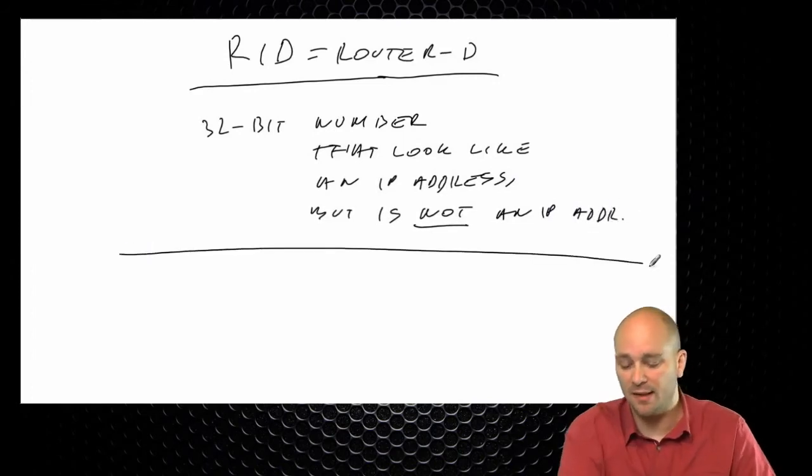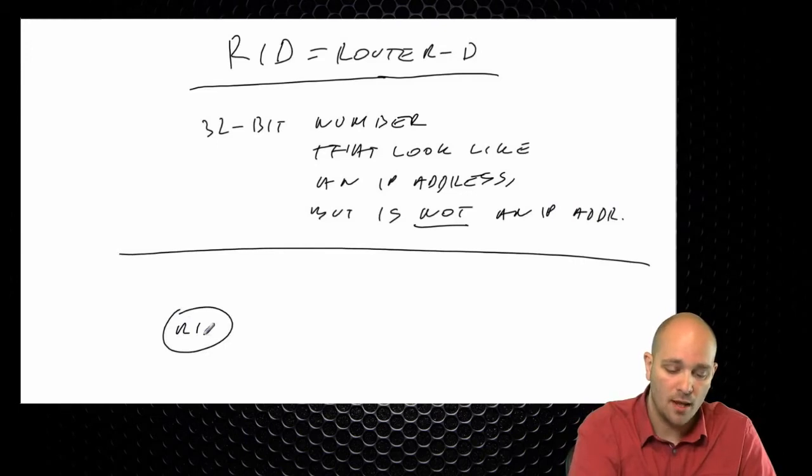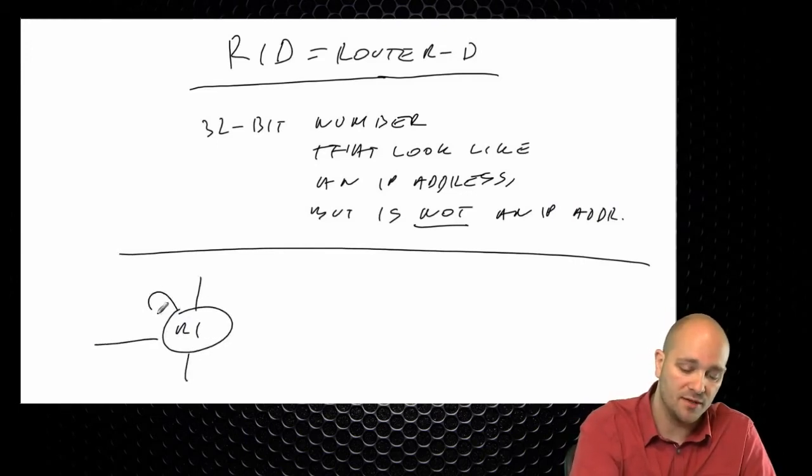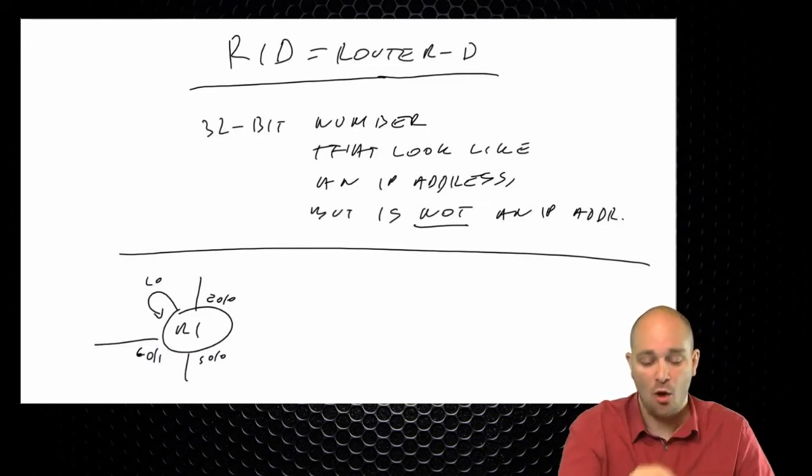What I mean by that is that when you have router R1, and this R1 has multiple interfaces, let's say that it has an Ethernet interface, a serial interface, a gigabit interface, and it has the loopback interface. All of these interfaces will have an IP address.